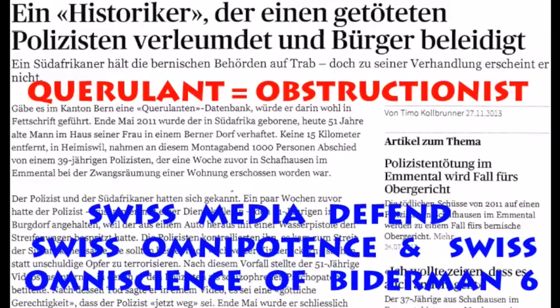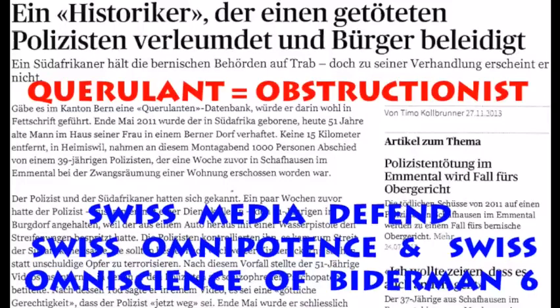Also, in the Swiss media, they showed their Swiss omnipotence, Swiss Nazi superiority, by describing Homie Ross as a pathological querulant, which literally means an obstructionist, as the German word quer, as in querulant, describes an object obstructing the way.